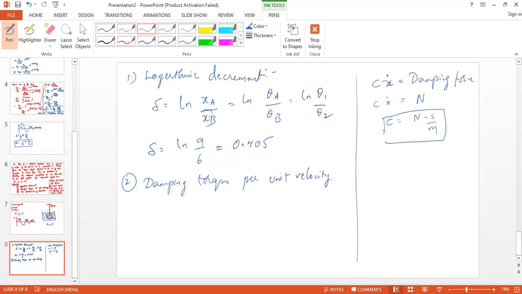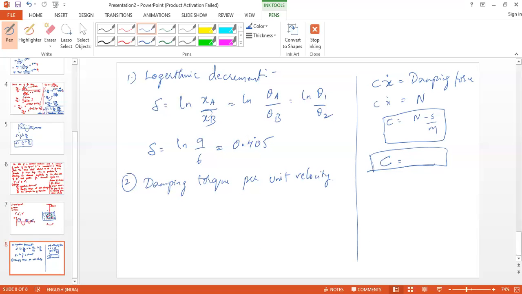For the damping coefficient, the unit is Newton second per meter. So damping force per unit velocity is nothing but C. We need to find out C, the damping coefficient.